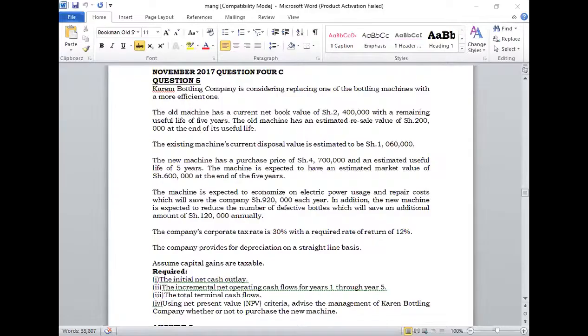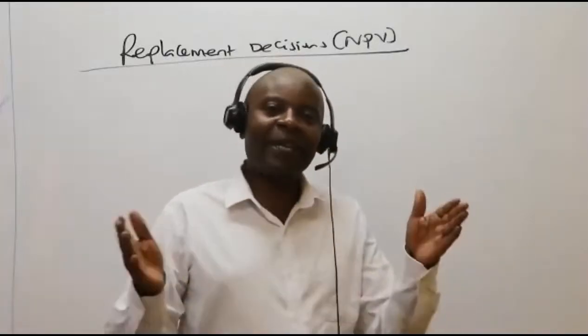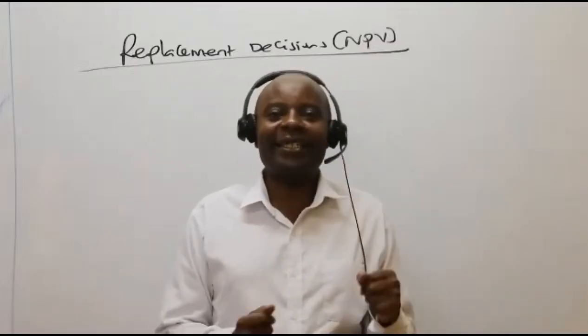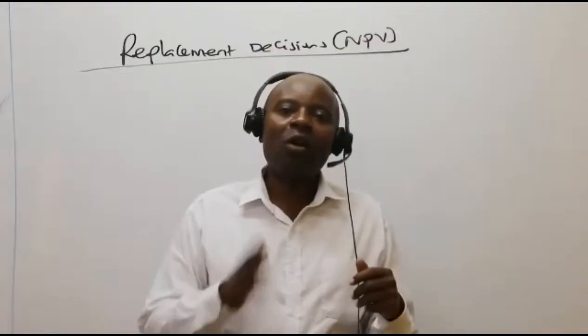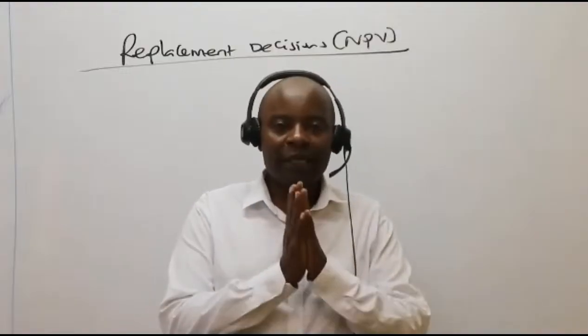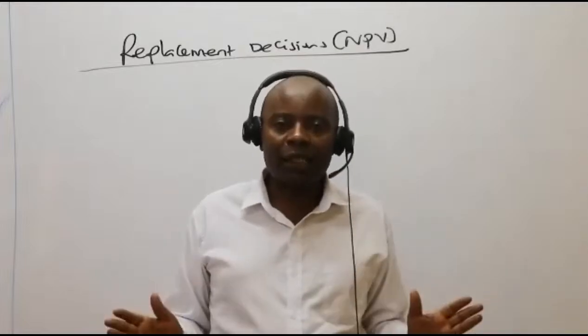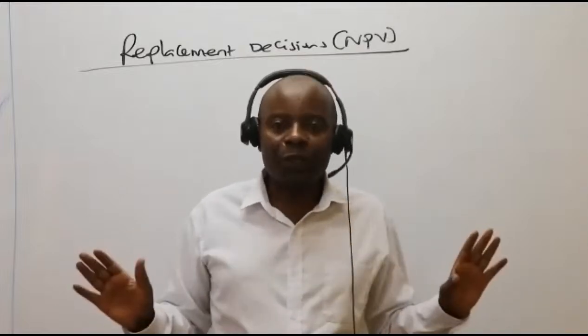Ladies and gentlemen, if it is a replacement question, the basic steps. Once in this case, ladies and gentlemen, somebody tells you to sell your old machine, most certainly you are going to make a loss.